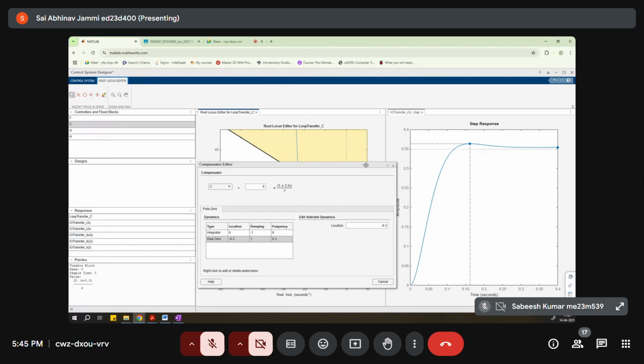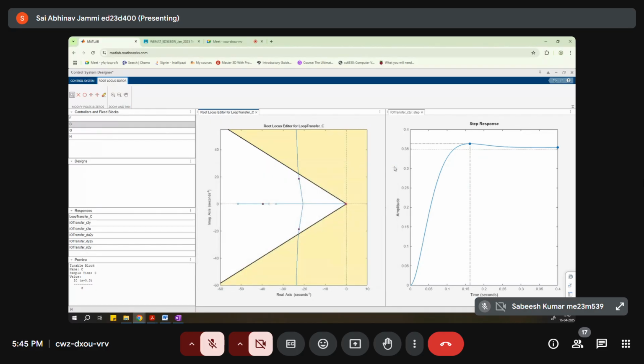The basic thumb rule is, first I design the proportional controller, right? Then I get an insight into how much the value of Kp should be for only the proportional controller. Then, when I am optimizing this controller, I know that the poles will be near the border.